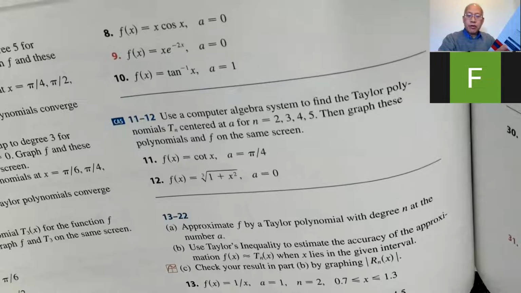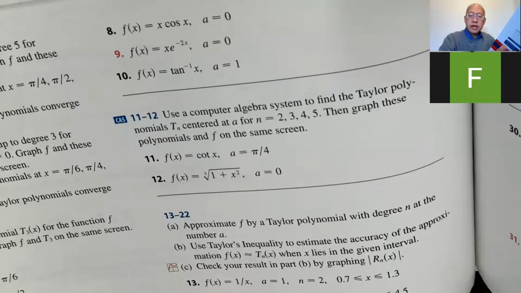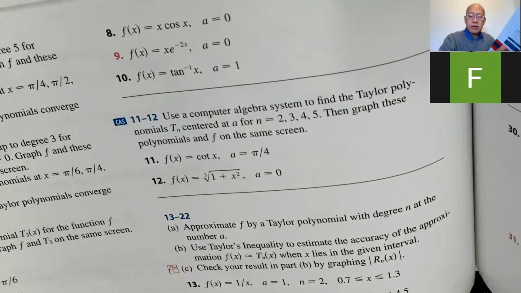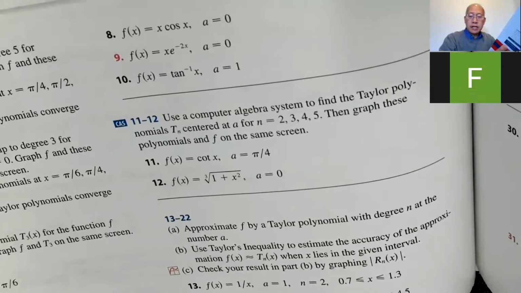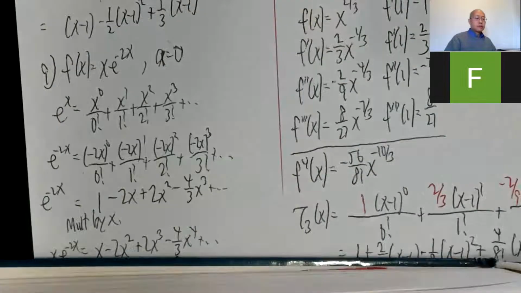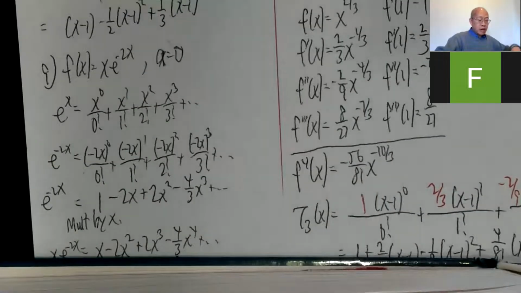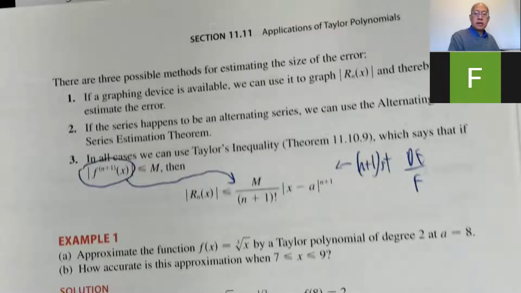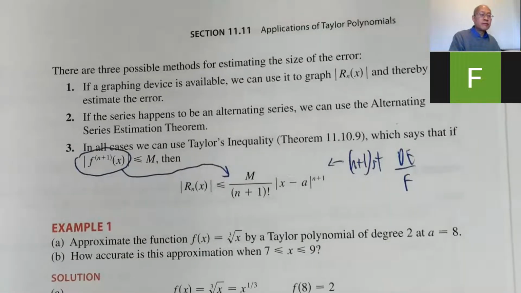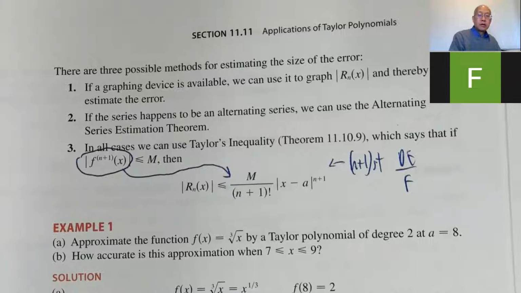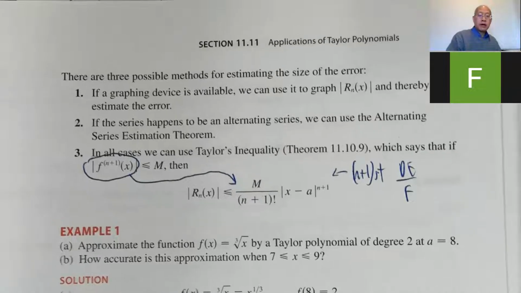Okay, that's the same as before, but now use Taylor's inequality to estimate the accuracy of the approximation, which lies in a given interval. So the new stuff is my variation on this, page 775. And I'll show you my version.